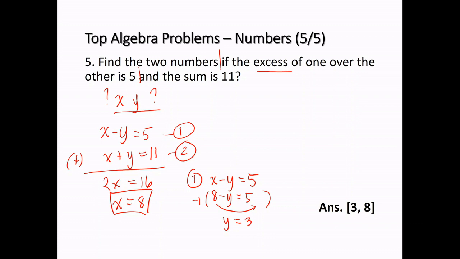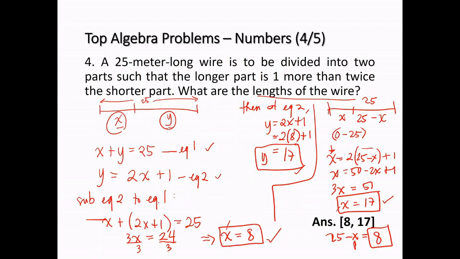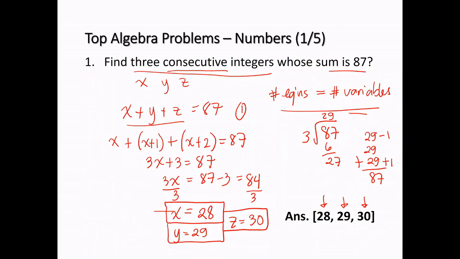Okay, so these are the top algebra problems. Just take note, going back to the problems. The first one is about order. There are algebra number problems that focus on the order of the integers.